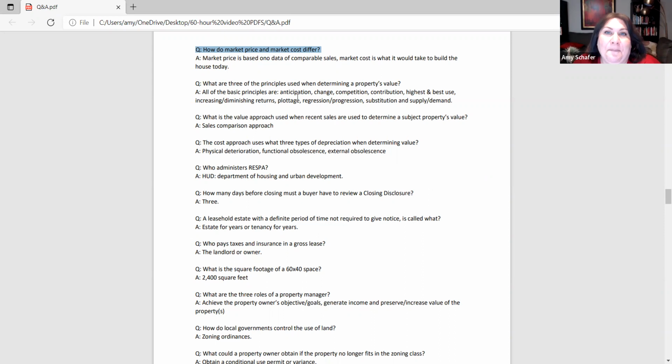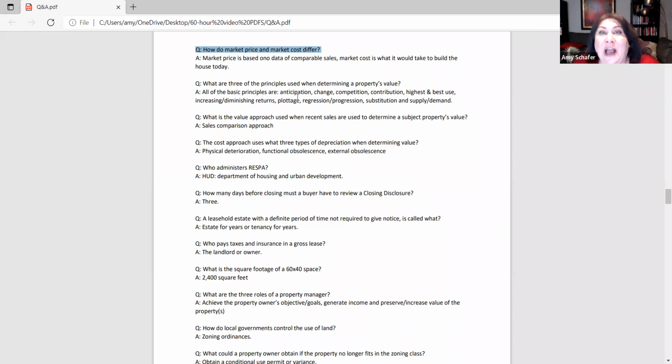Anticipation is the effect on value based on an event happening or not happening. So Amazon decides to build a fulfillment center in your town. Values, as anticipation grows about more job opportunities, so can the values of the property.